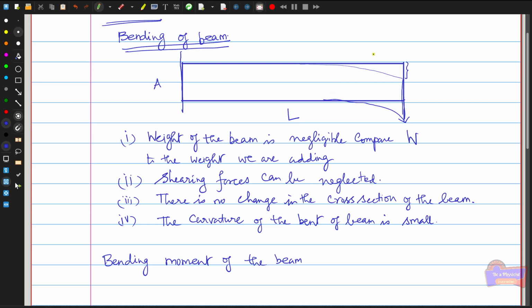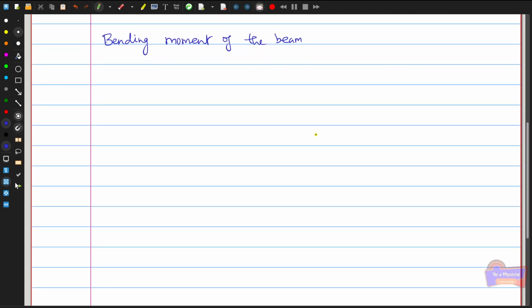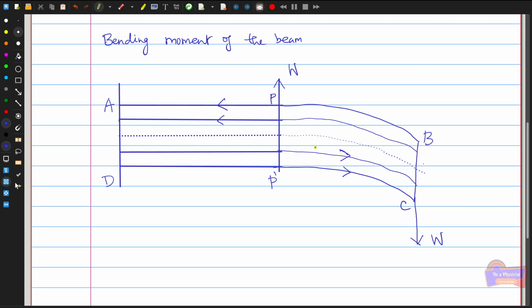I am going to consider a small portion of this bent beam. Let ABCD be the cross section of the beam. AB is the beam, the end A is rigidly fixed, and B is loaded at the other end. We are considering this dotted line.